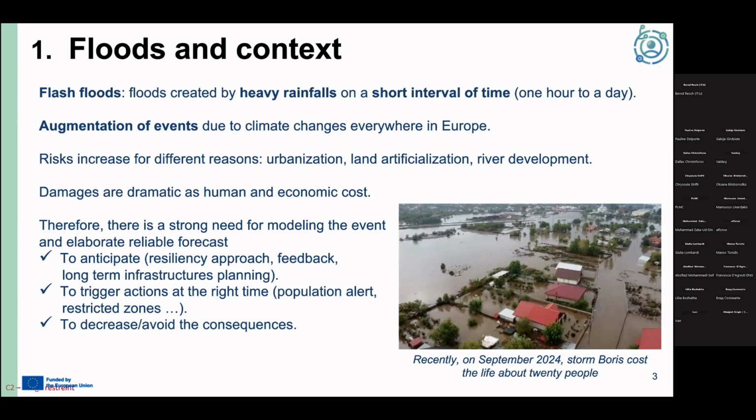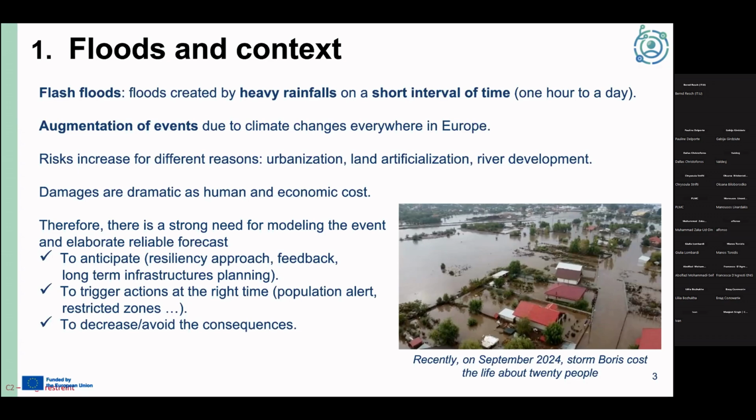But climate change is not the only factor of the augmentation of events. It's also due to the urbanization, the land artificialization, and the river development. So due to that, we are increasing the consequences of flash floods and floods also. The damages are both human and economic.